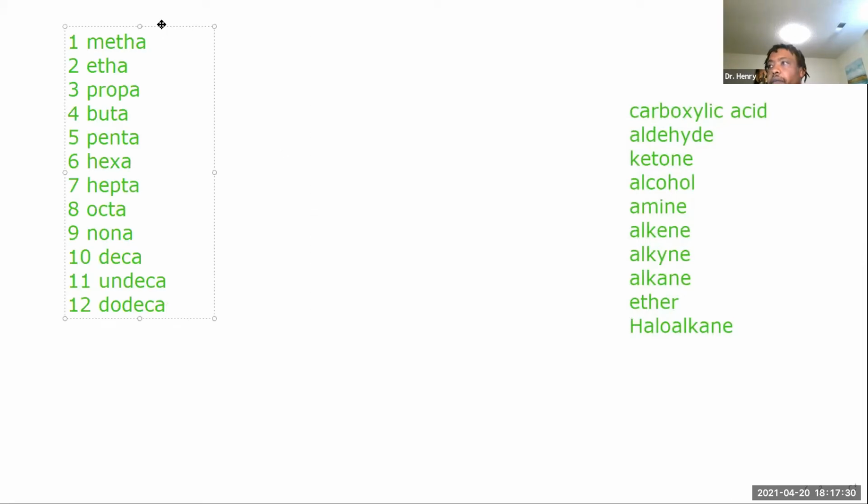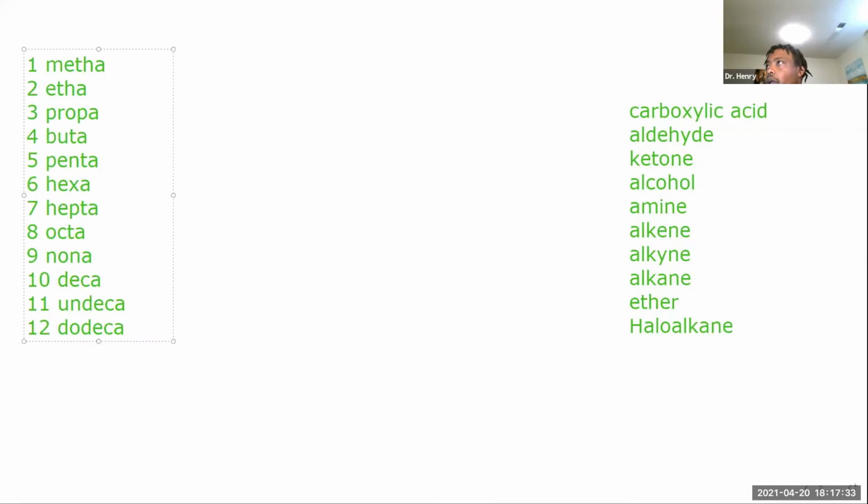Okay, so the next one we're going to talk about is ketones. A ketone looks like this, generally, where this is a carbon double bonded to an oxygen.